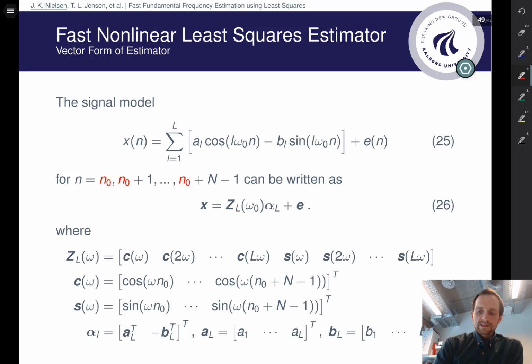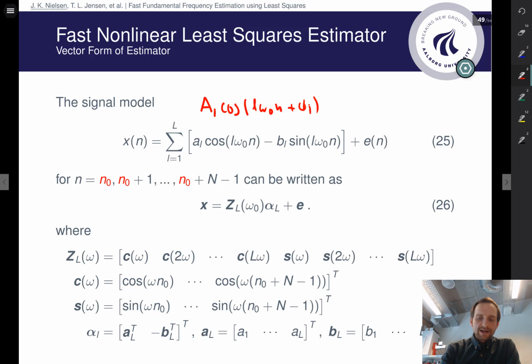So this is equation 25, the signal model in a slightly different form than what we have seen before. Before, you saw the polar form of the signal model, so A_l and then cosine of l omega_0 n plus a phase.